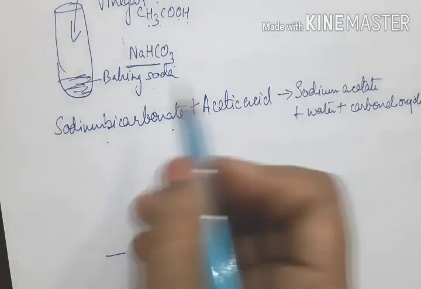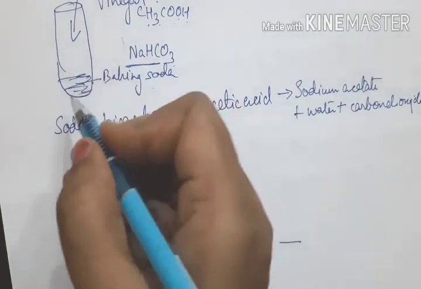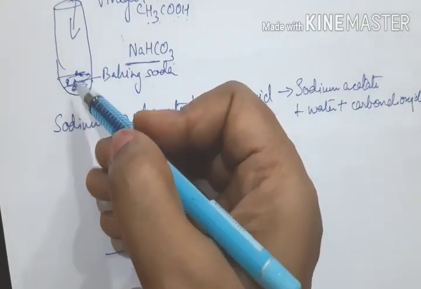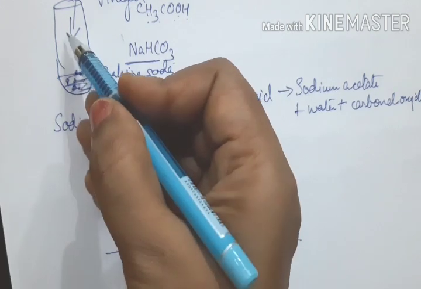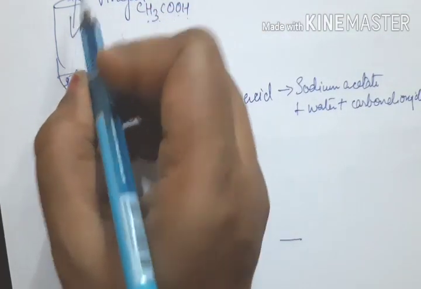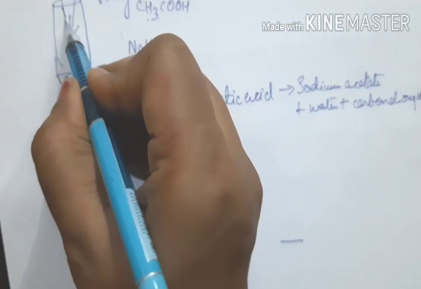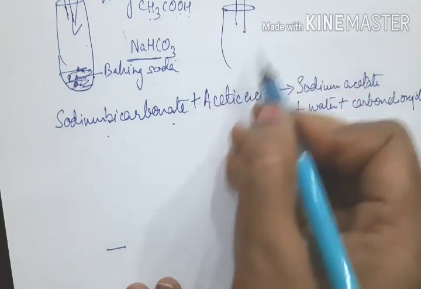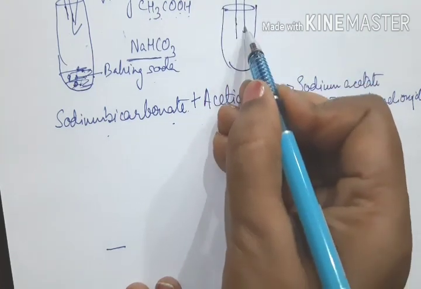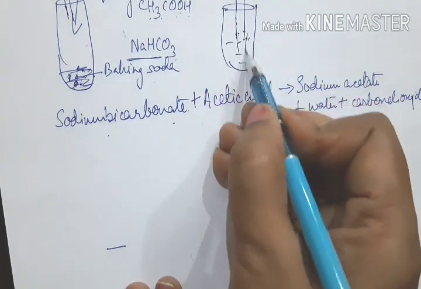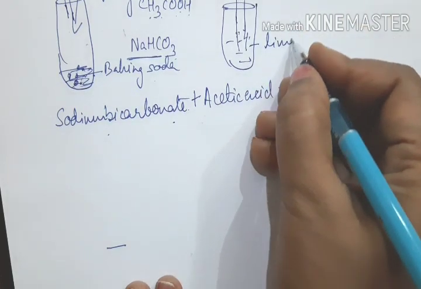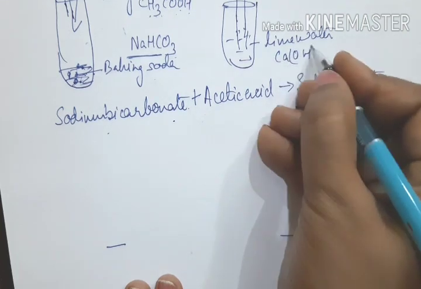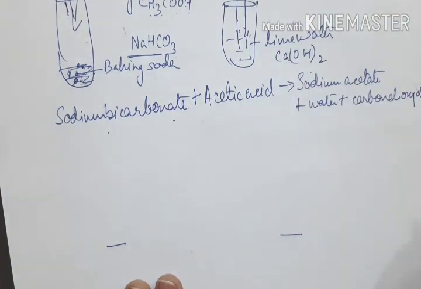Now, when we have added vinegar to baking soda, there is a brisk effervescence, and the bubbles of gas come out. Now if this gas is transferred through a delivery tube into another test tube that carries lime water, the chemical formula of lime water is Ca(OH)2, calcium hydroxide.